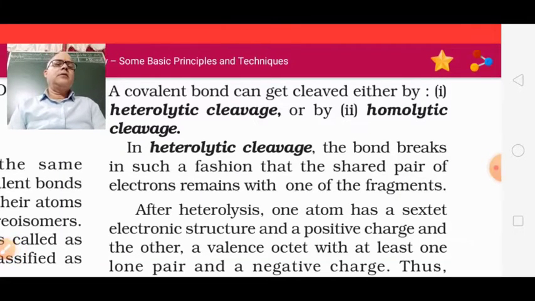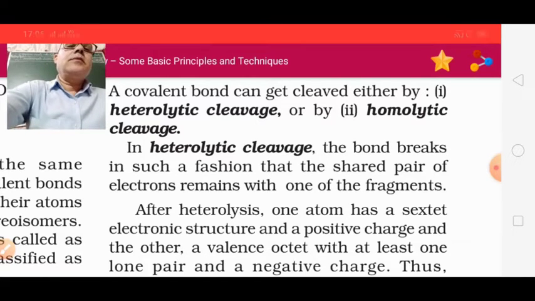In today's chemistry class, we will continue with some basic principles and techniques. In this chapter, we are studying bond fission of covalent bonds.